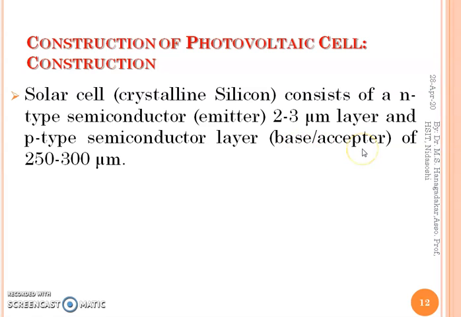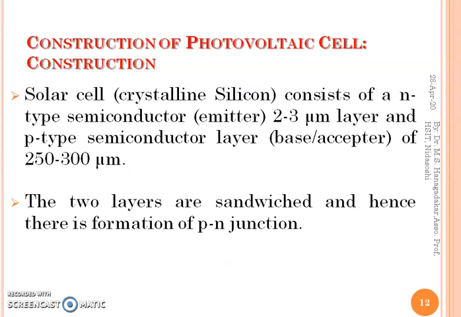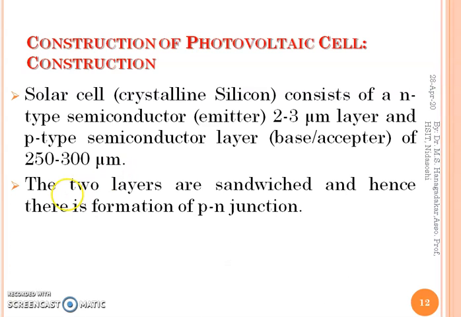That is acting as an acceptor, whose thickness is around 250 to 300 micrometers. When both different types of silicon are placed together, sandwiched with a thin slice, there is a formation of a p-n junction diode at the interface of the two materials in contact.